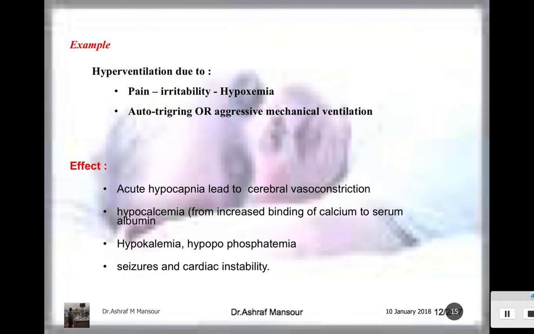The effect of alkalosis is as bad as acidosis. Acute hypocarbia can cause cerebral vasoconstriction, later on BVL, also hypocalcemia, some electrolyte disturbance, hypokalemia, hypophosphatemia, and in severe cases cardiac instability or convulsion.